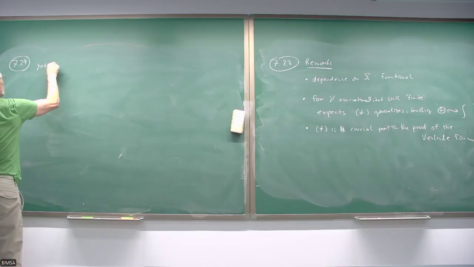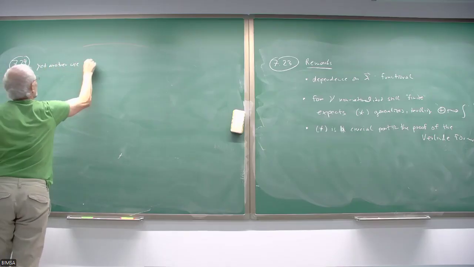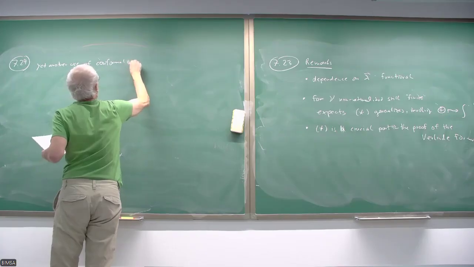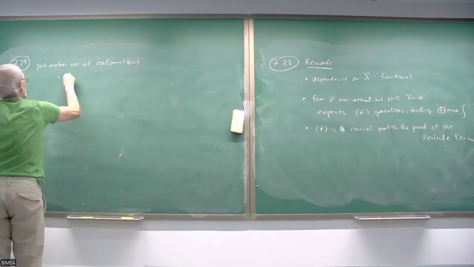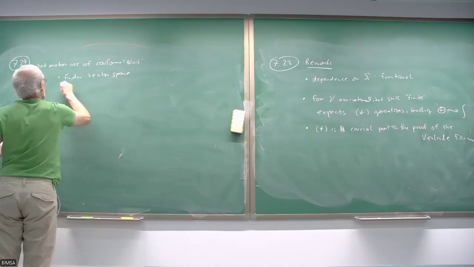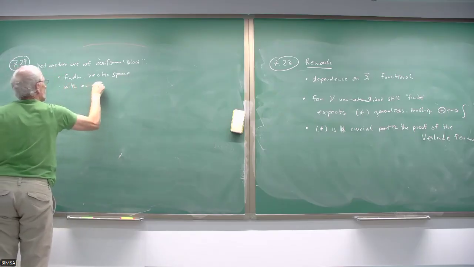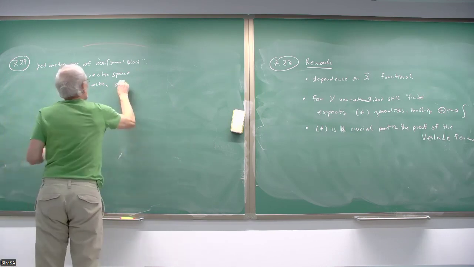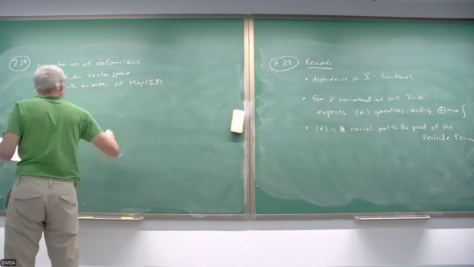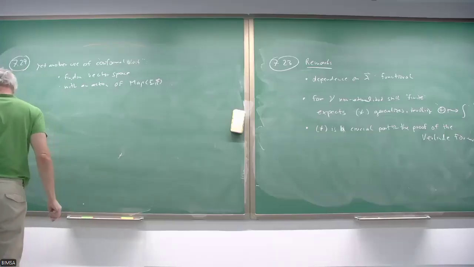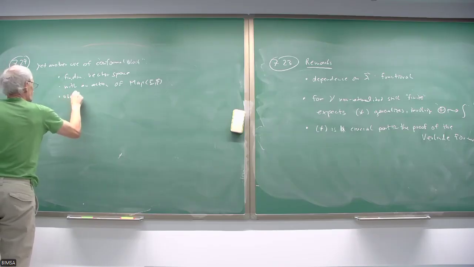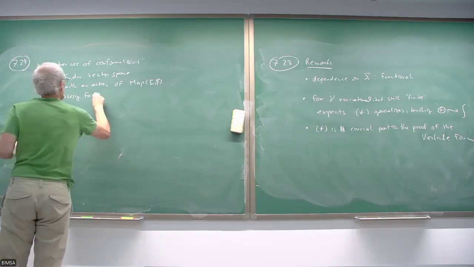Yet another use of conformal blocks, or spaces of conformal blocks, is as a finite dimensional vector space endowed with an action of the mapping class group, and obeying factorization, what I just erased.